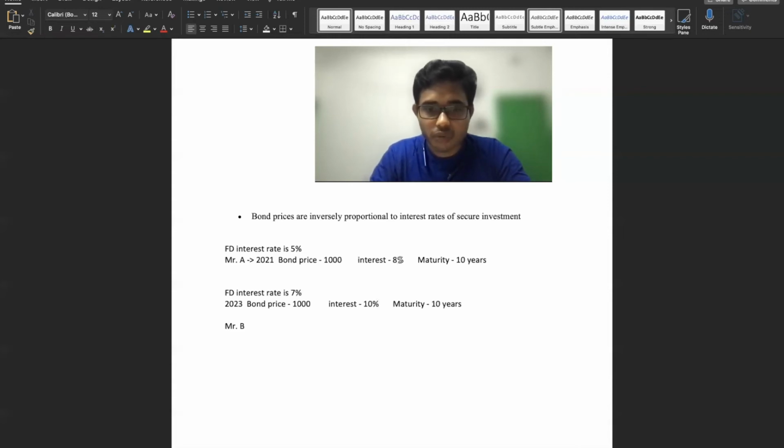No one will buy his bond, which is giving 8%, right? So if he wants to sell his bond, he needs to sell it at a lower price. So let's say it will be 800. Now someone in the market can think of buying his bond, right?